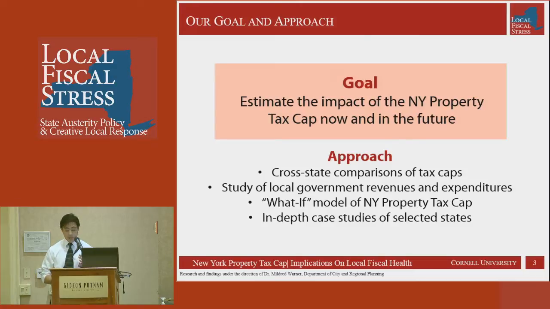And then after, we analyzed the recent impacts on expenditure since the adoption of the policy, focusing on critical services. Then we applied our model. Our model hypothetically adopts the tax cap in the year 2000, 10 years prior to its actual adoption date, in order to best estimate the long-term effect of the policy, supplemented by in-depth case studies for specific states to learn lessons for the future.